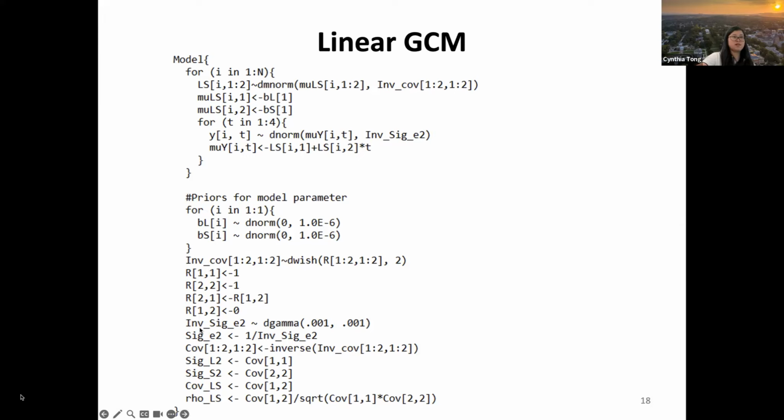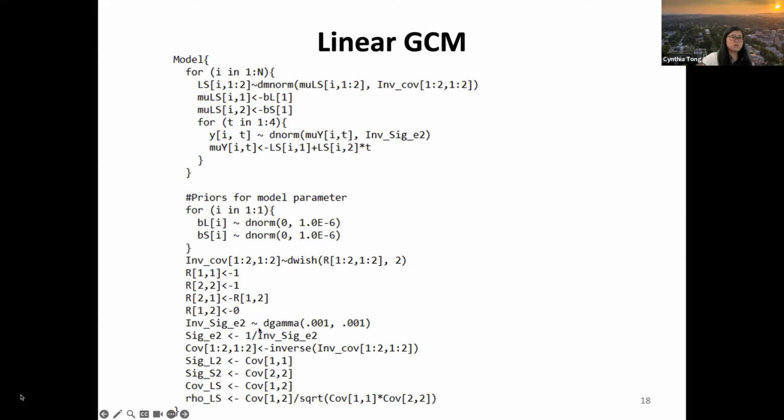And the precision parameter, which is the inverse of the intra-individual measurement error variance, follows a gamma prior with parameters 0.01, 0.01. So it is really more like a flat distribution. So it's non-informative.